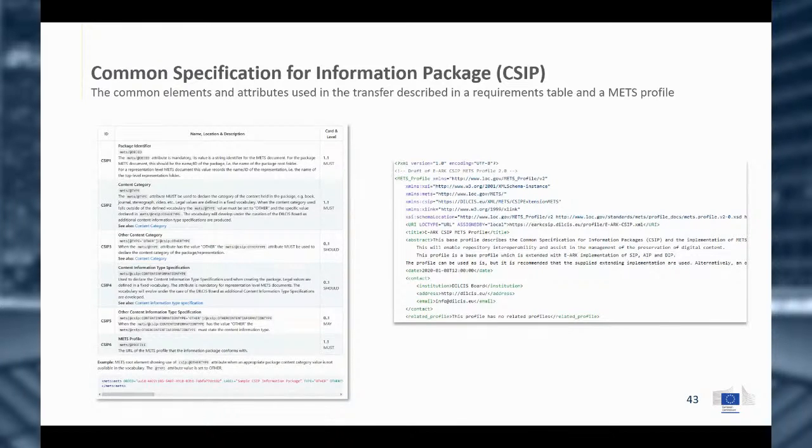So that's how we connect the two of them, reusing the METS profile to create the tables. It also gives us the advantage of not having to write text twice.